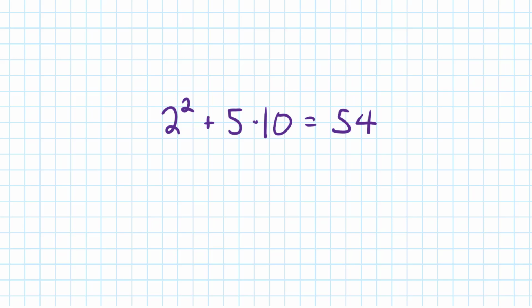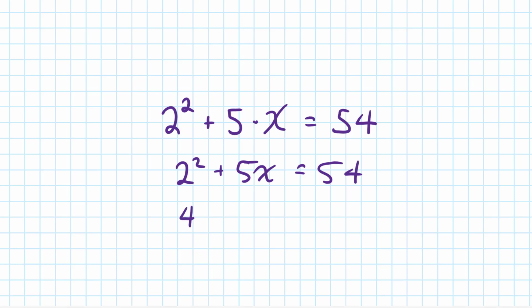Let's now move to a review of basic algebra. Imagine we have to solve for the 10. Imagine we didn't know what was in that spot, so we have an unknown there, x. So we would restate that: 2 squared plus 5x equals 54. So let's now square that 2, and we have 4 plus 5x equals 54.